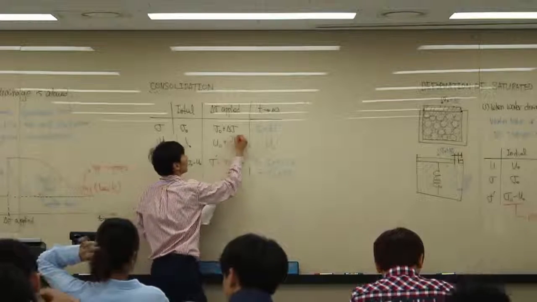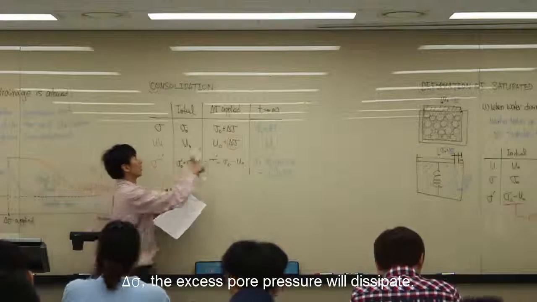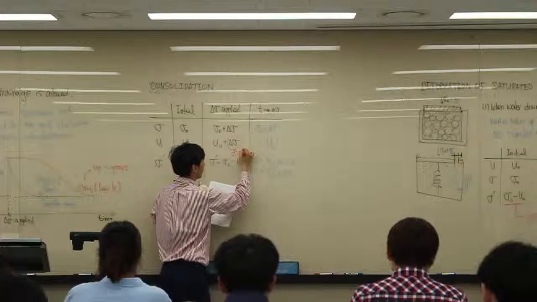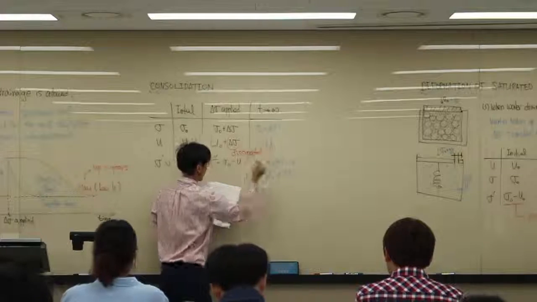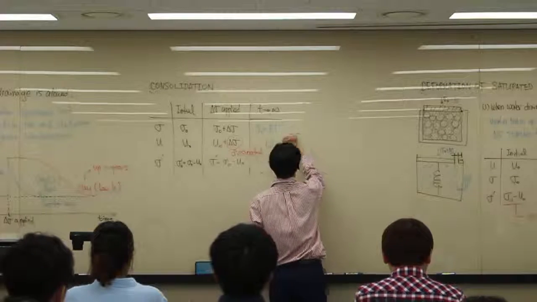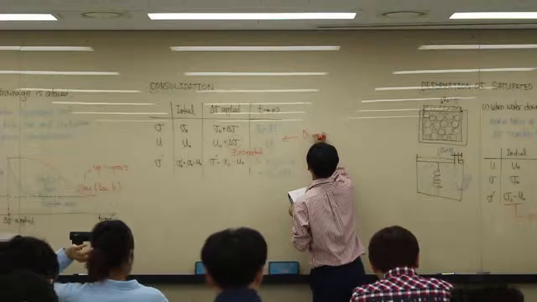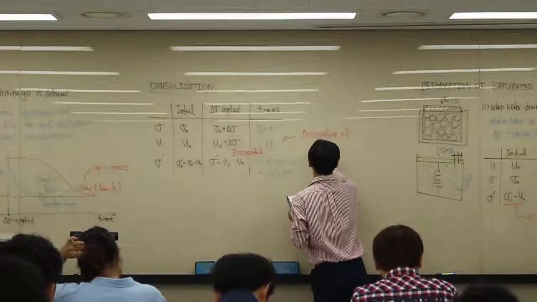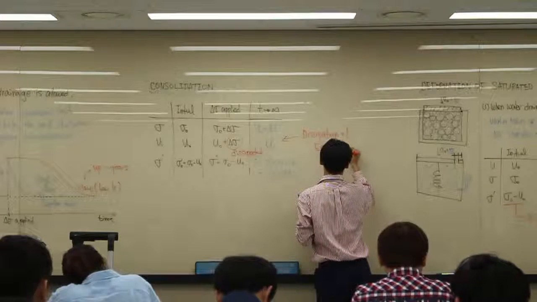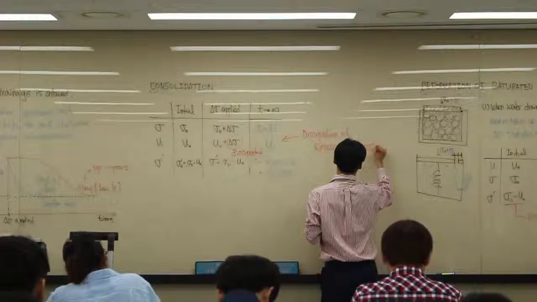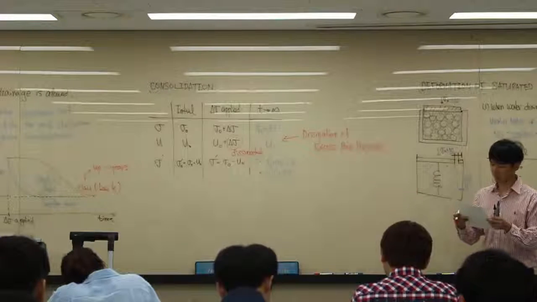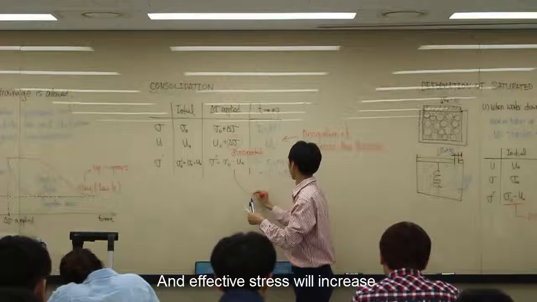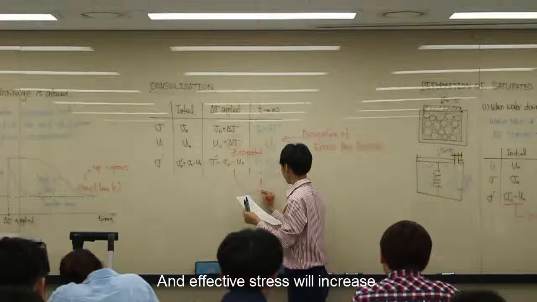So the summary again: delta sigma excess pore pressure is dissipated, so that it becomes the initial value. And while this pore pressure is decreased, effective stress is increased.